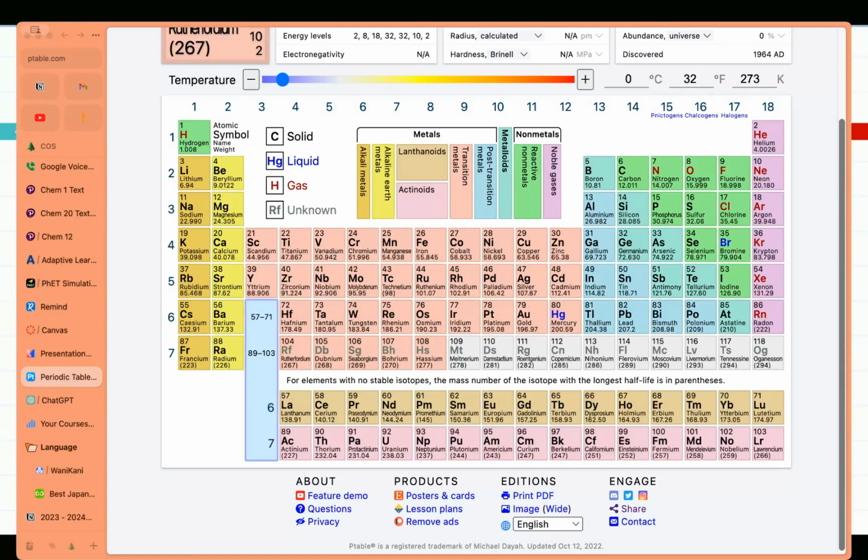So the first row is n equals 1. So everything here is going to be 1. And since we only have the s orbital, hydrogen has a 1s orbital, helium has a 1s orbital. When I go down to the second row, that's n equals 2. So n equals 2 has s and it has p.